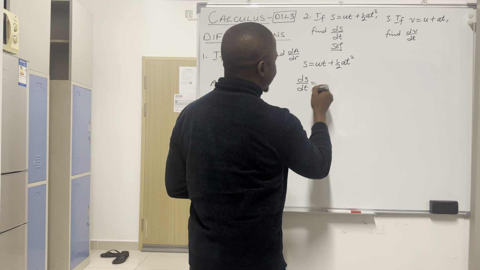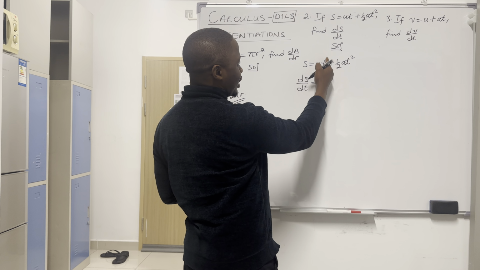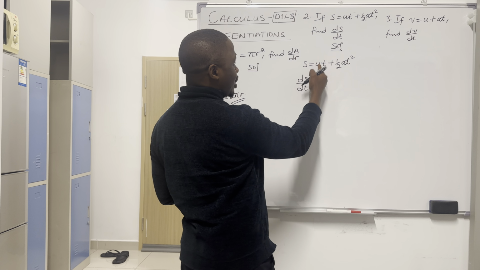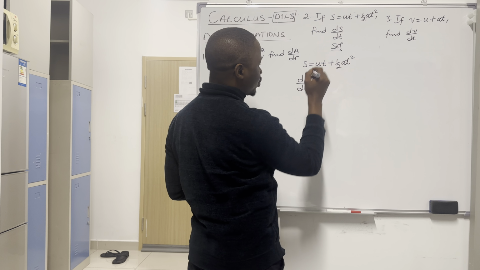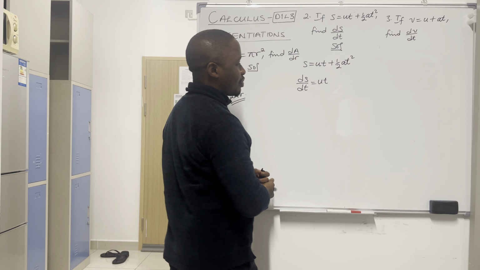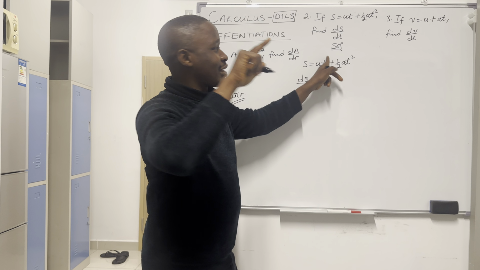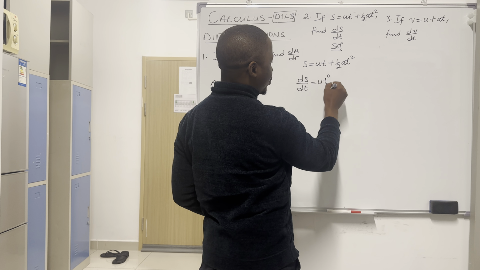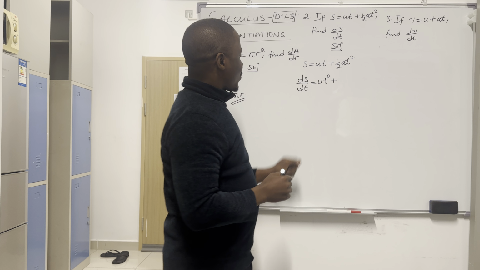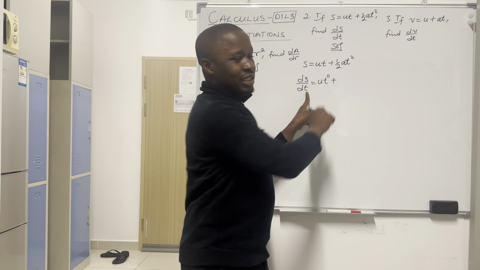The first term here is ut, where the variable is t. The power is 1, the coefficient is u. So 1 times u is u. We write the variable. Do not forget that we must say the power minus 1. If it is already 1, minus 1 gives 0. The next term is half a t squared. t is the variable.